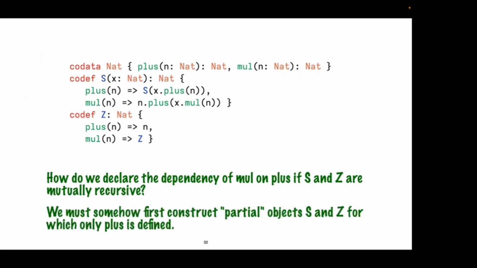We must somehow first construct partial objects S and Z for which only plus is defined. And only in the second step can we construct the complete objects, for which both the plus and the multiplication method are defined.